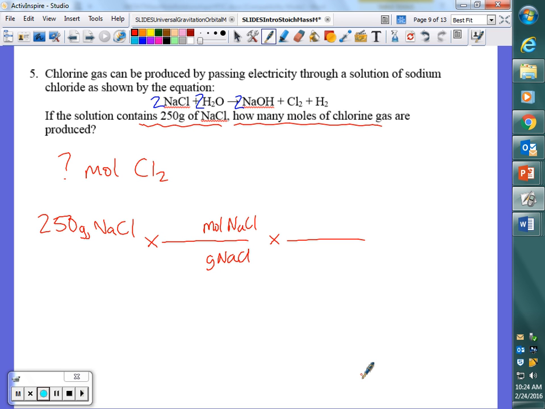So we're going to need another conversion factor. What unit has to go on the bottom of our second conversion factor? Moles of NaCl. But then, what can we put on the top of that conversion factor? Chlorine gas. Moles of Cl2.